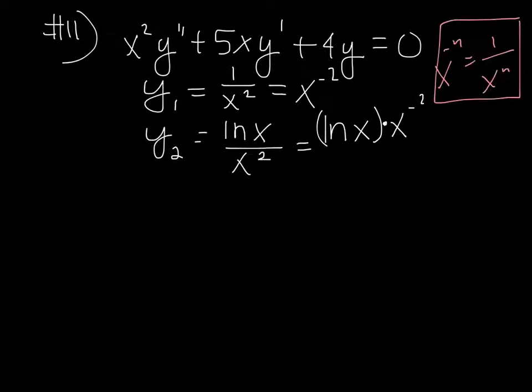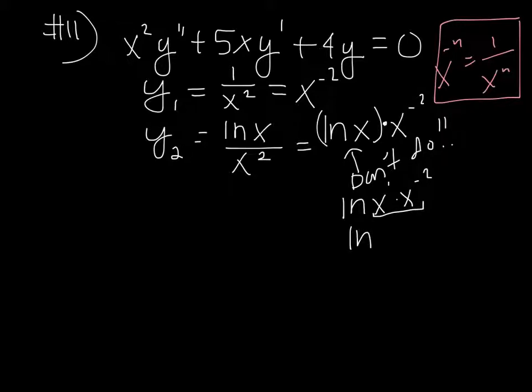Let me point out a common error I see all the time. Some students want to write ln of x, times x to the negative 2, and then they say, oh, that's a power of 1, the same base, I can add these, so I get x to the negative 1, and so forth.